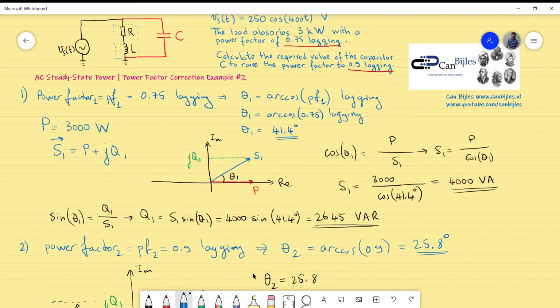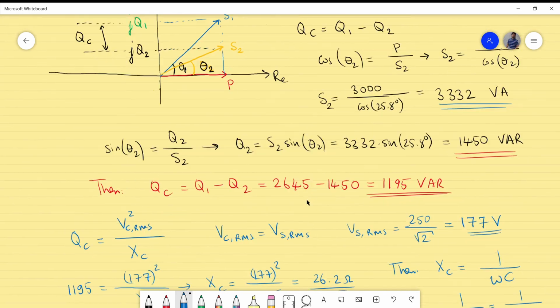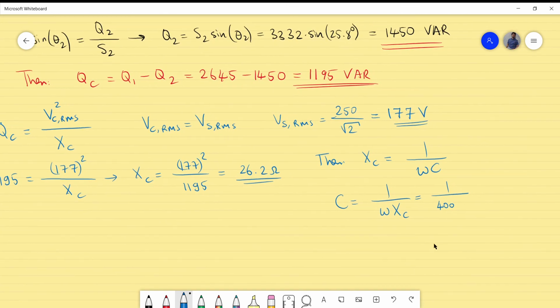So I know that omega is 400, and I know the XC, which is 26.2, so C will be equal to 95.42 if you're a little bit more accurate, microfarads. That's actually the situation for this example.